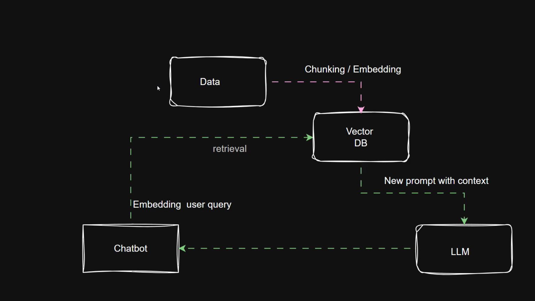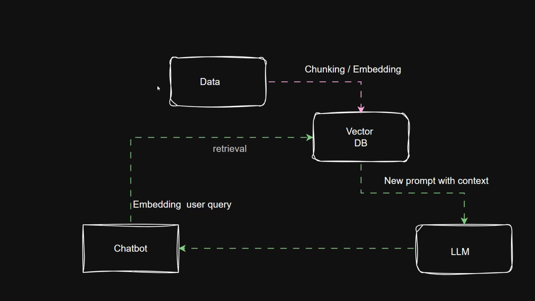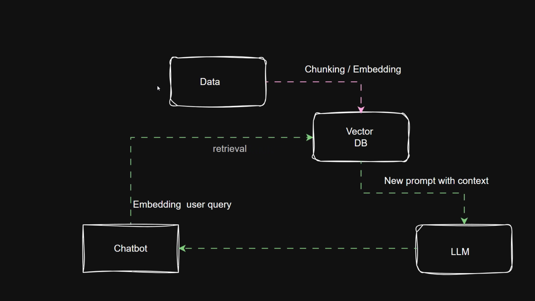And here, as we can see, both the query and the corpus documents are transformed into embeddings using the same embedding model. So when the user asks the query, we embed that also. And when we move the data to the vector database, we embed the data with the same model.